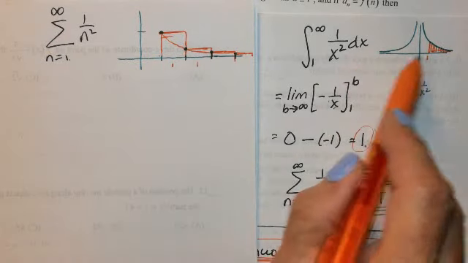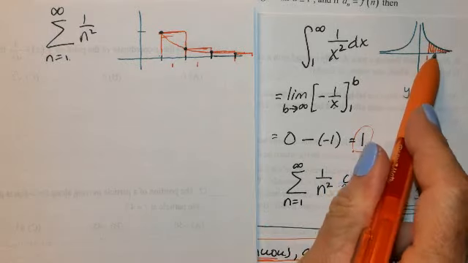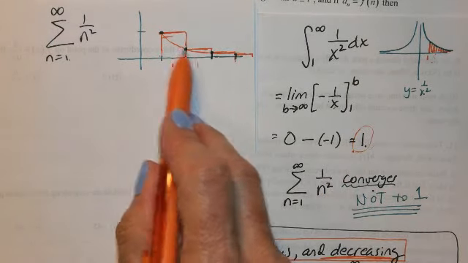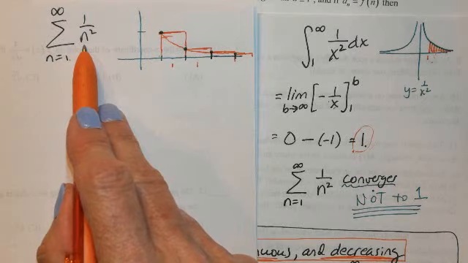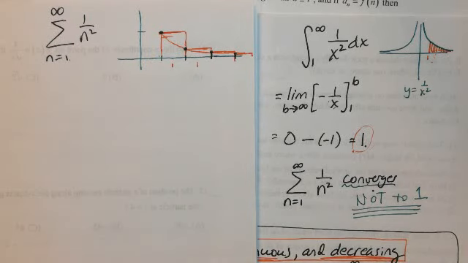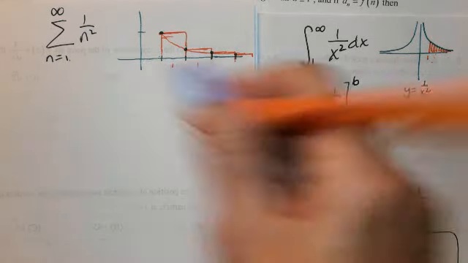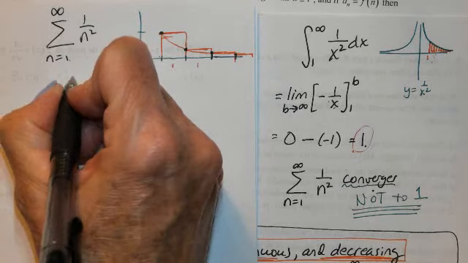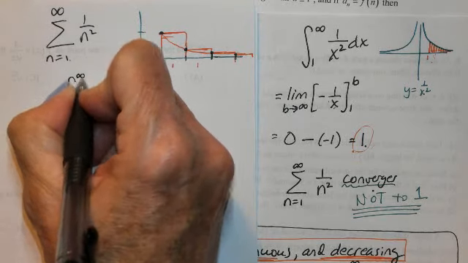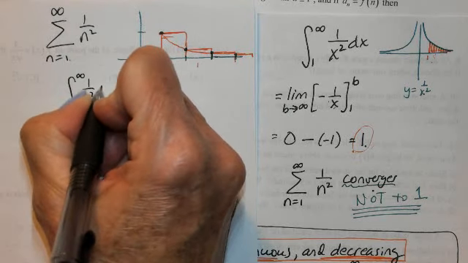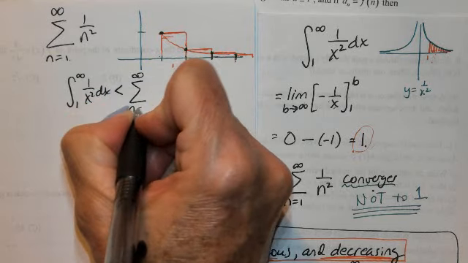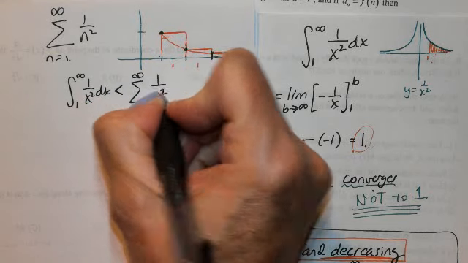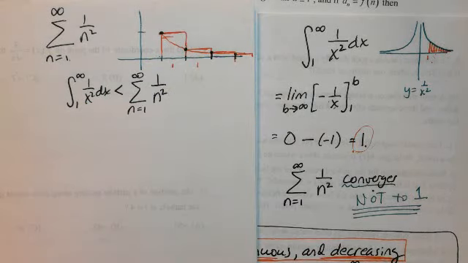This integral that I get, this 1 that I got, is less than what I want. It's less than it. How much less than it? Well, I know that the integral from 1 to infinity of 1 over x squared dx is going to be less than that sum. It has to be.